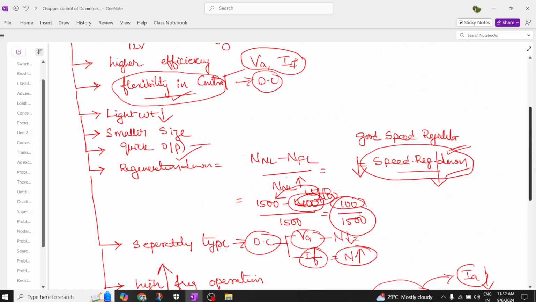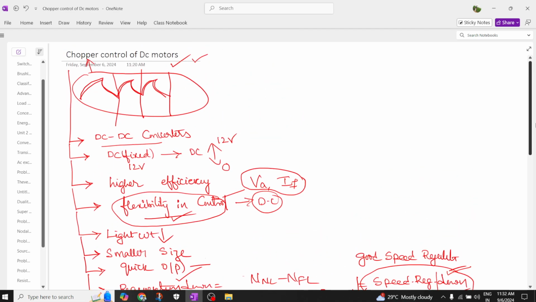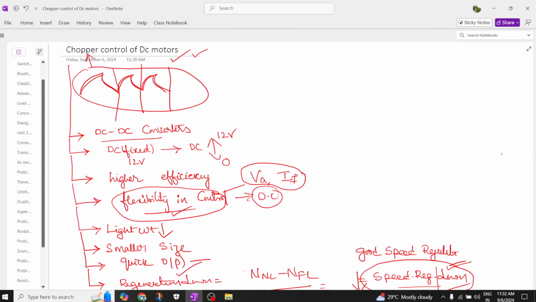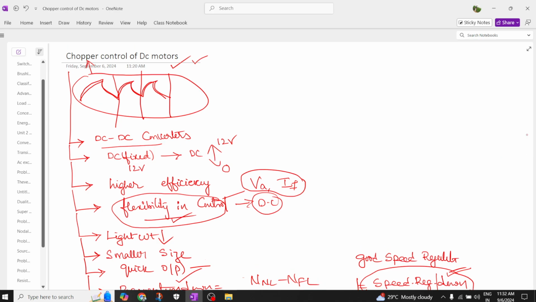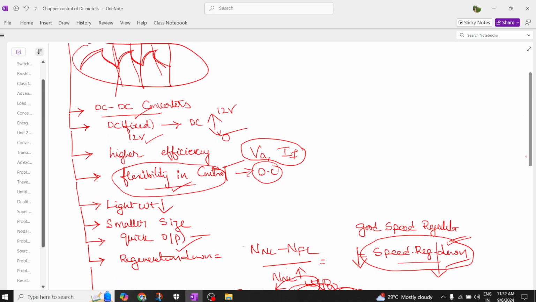Now in detail, we'll discuss class A, class B and different choppers. Basically, choppers are devices which chop or regulate the output voltage. The waveform is chopped for every cycle, so this is called a chopper. These choppers are also called DC to DC converters. They convert a fixed voltage to a variable voltage. Choppers are made up of power electronic devices and offer higher efficiency.